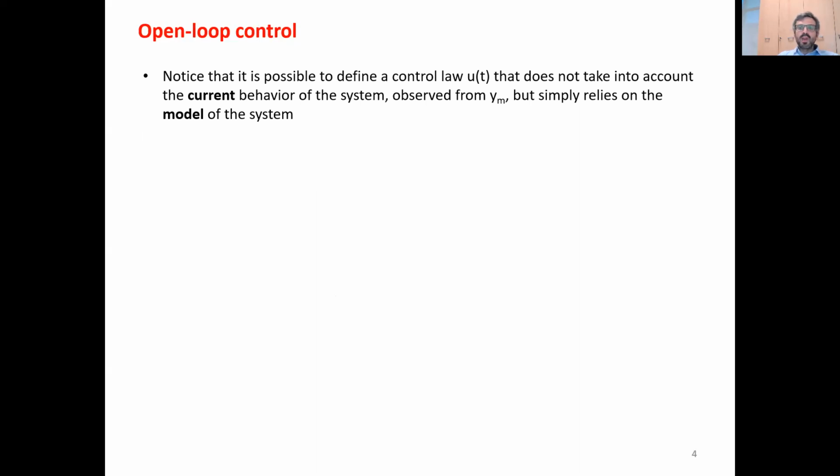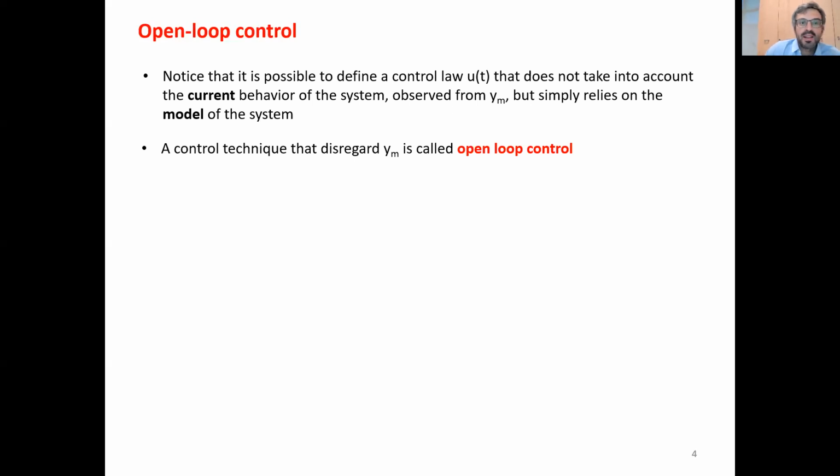We have, let's say, a model of the system that describes the evolution of the system. And using this model, we can kind of invert this model and create a control action such that the ym variable of the plant will follow our reference, will behave as our reference dictates.